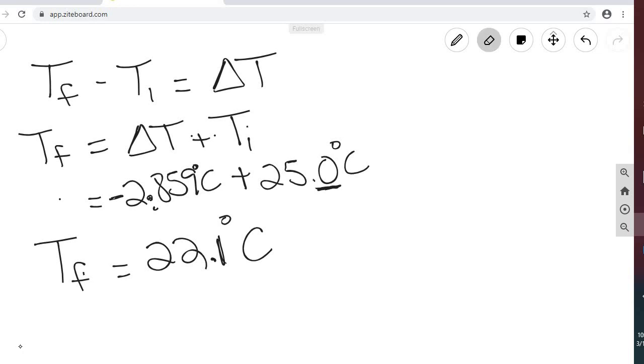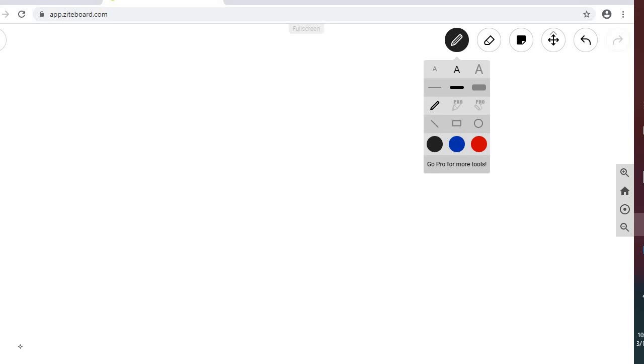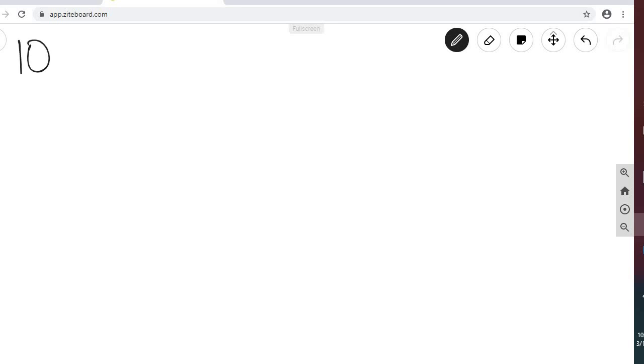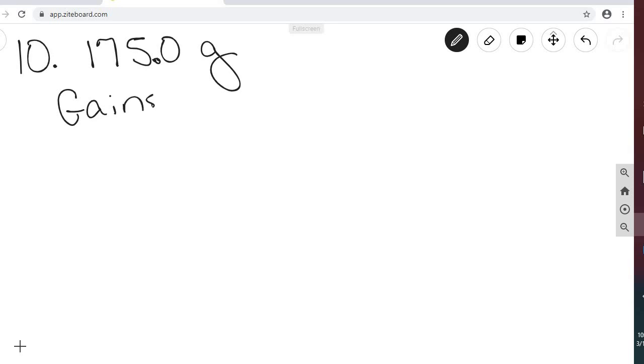And number 10, I guess that chapter 10 is still an energy equation. So number 10 says that we have 175.0 grams, so it's going to be the mass, of an unknown metal. And it says it gains 5.6 kilojoules of heat.